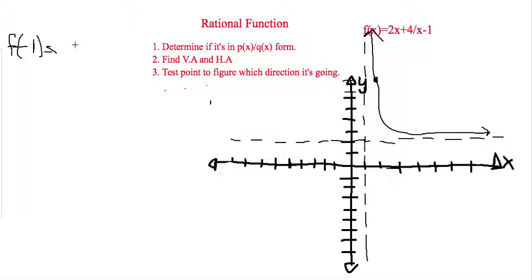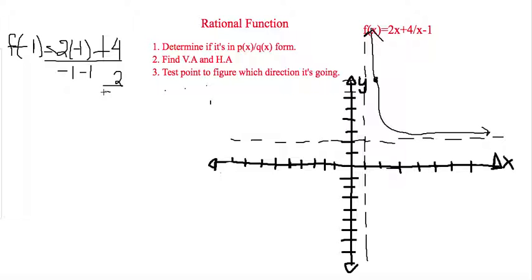So 2 times -1 plus 4 over -1 minus 1, right? So 2 times -1 is -2 plus 4, which is +2. And then -1 minus 1 is -1.